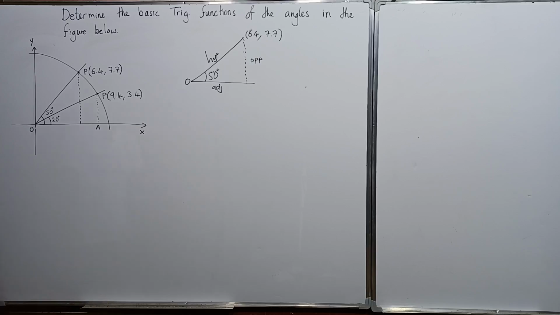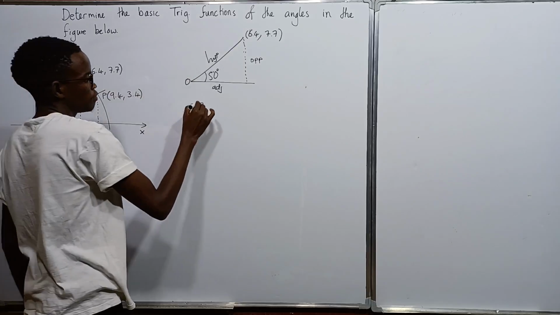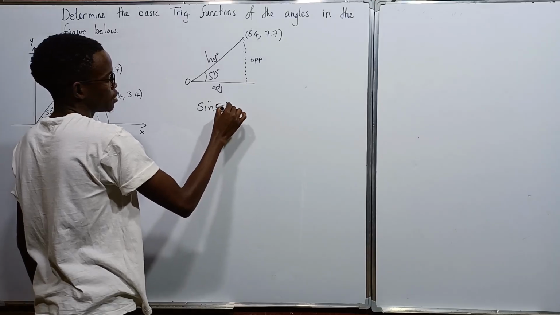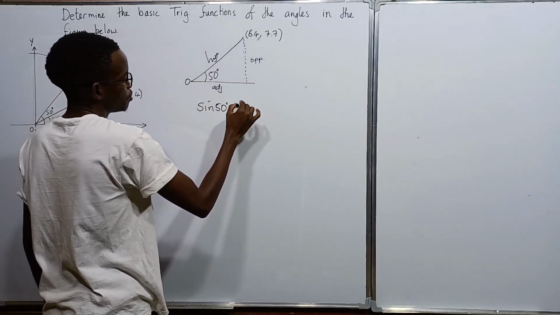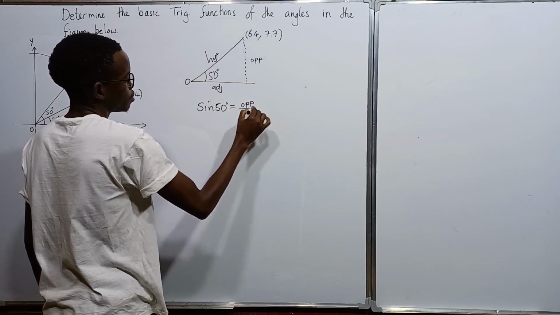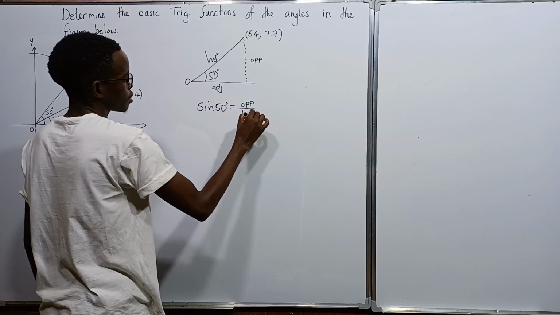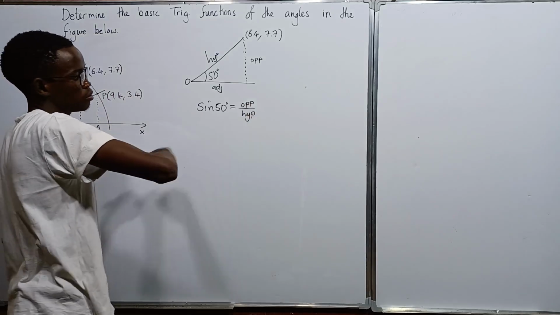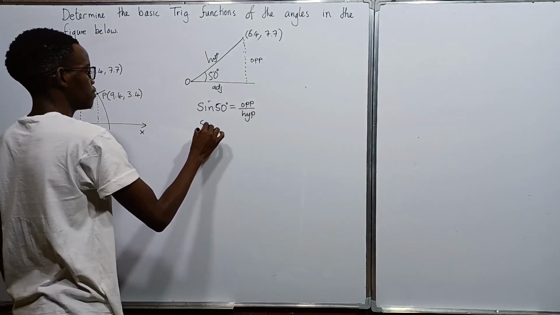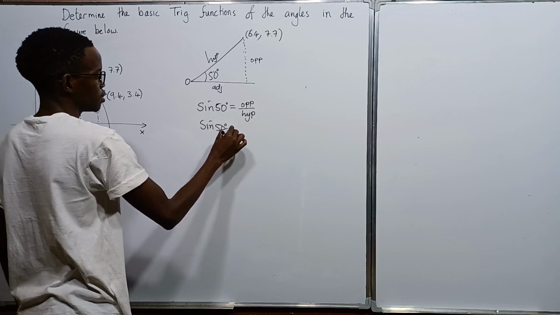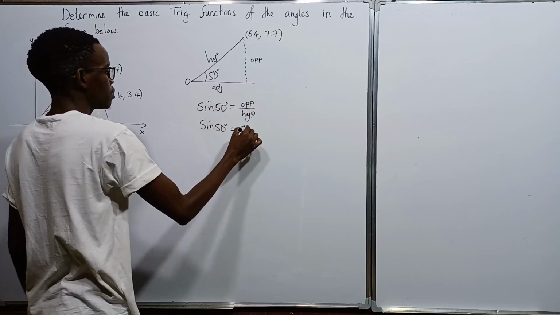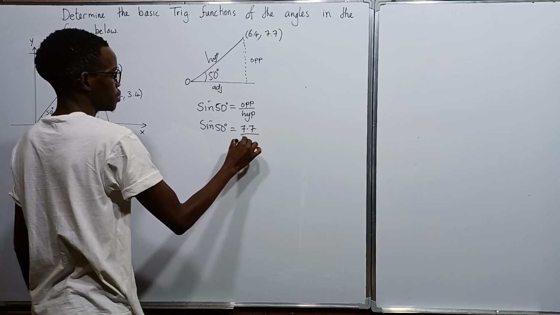Okay, so now we need to calculate for what? For the hypotenuse. So I'm going to say sine 50 degrees is equal to the opposite over the hypotenuse. We don't know what the hypotenuse is, but we know what the opposite is. So sine 50 degrees is equal to 7.7 over the hypotenuse.